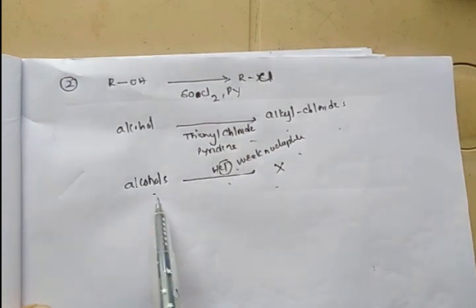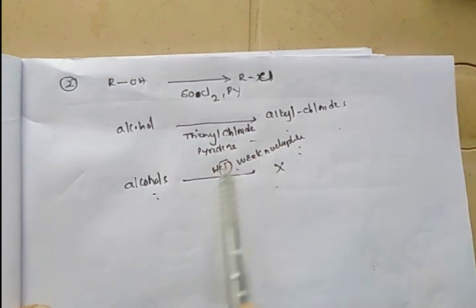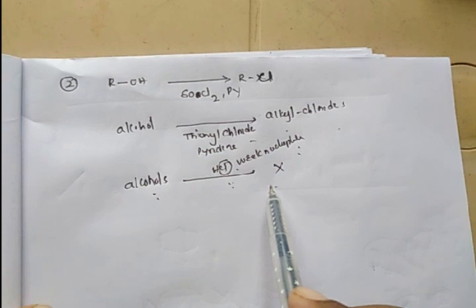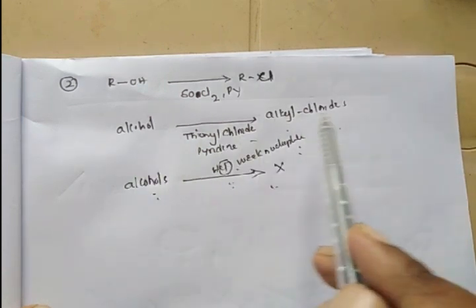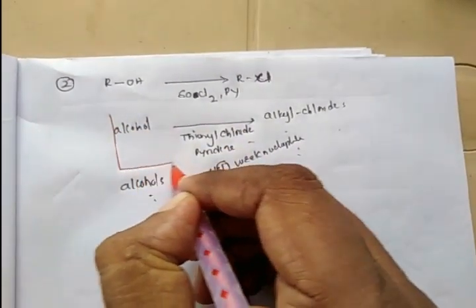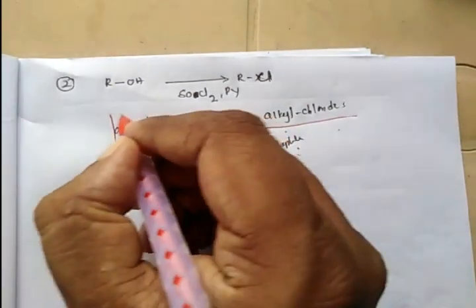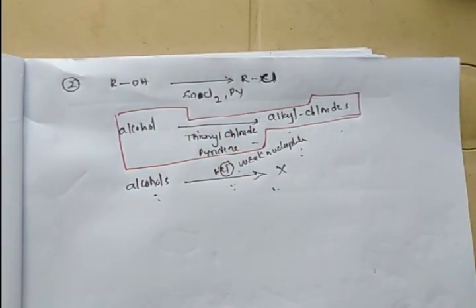Because with HCl the chlorine is a weak nucleophile, the transformation is not possible. To convert alcohol into an alkyl chloride, the best way is treatment of the alcohol with thionyl chloride in presence of pyridine.